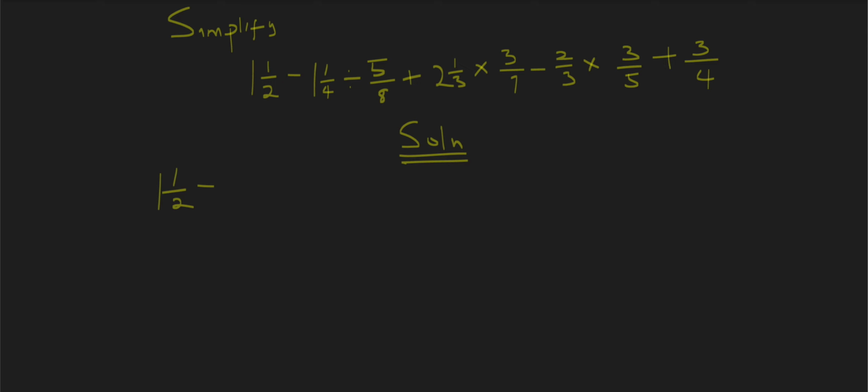So since I have one whole number 1 over 2 minus one whole number 1 over 4 divided by 5 over 8, I'll put this expression in brackets: one whole number 1 over 4 divided by 5 over 8.